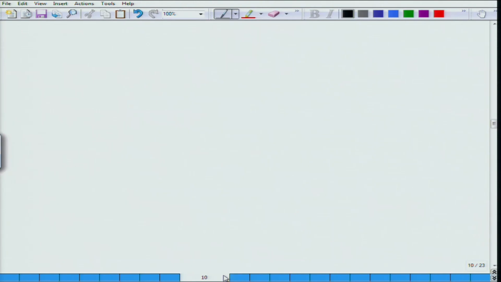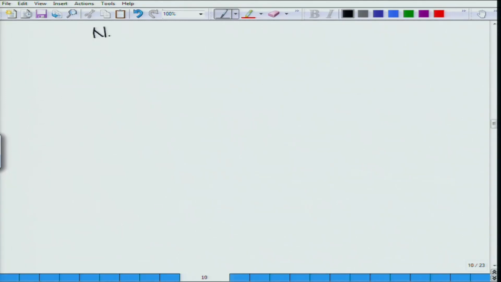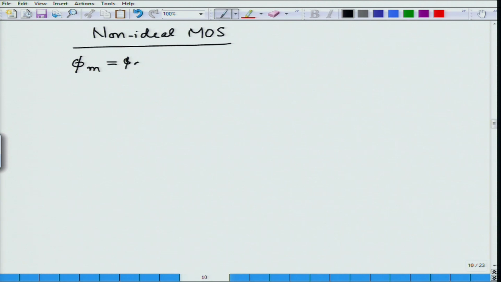Now, all the discussion so far was for an ideal MOS. If the MOS is not ideal, what are the non-ideal factors that can come into the picture? The first one is that we very conveniently assumed that phi m is equal to phi s. The work functions were equal, but they may not be equal.